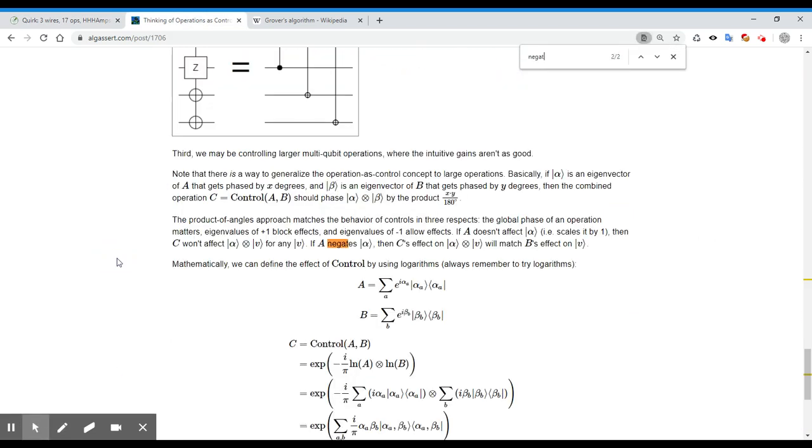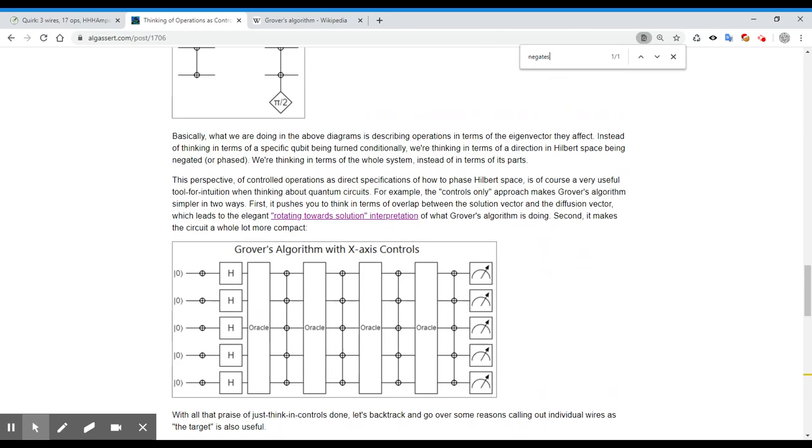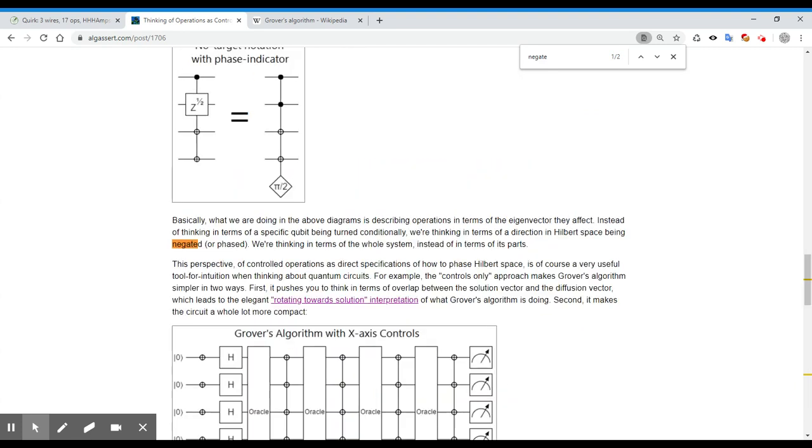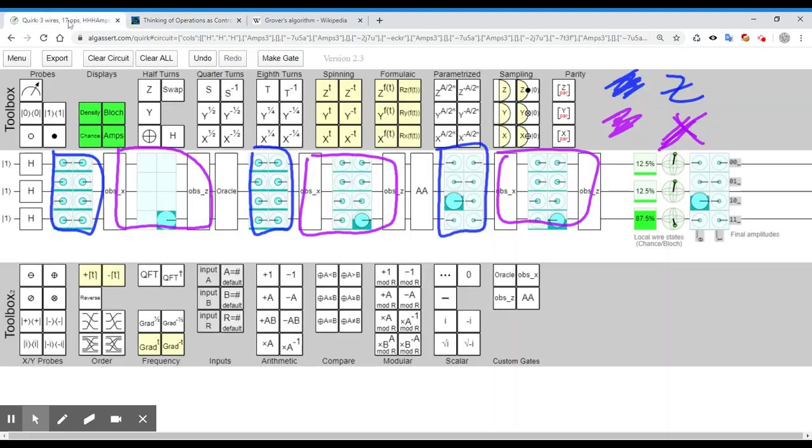So negate. Negated in terms of a direction in Hilbert space being negated. And I said something in the previous video about these kind of phasing a superposition.